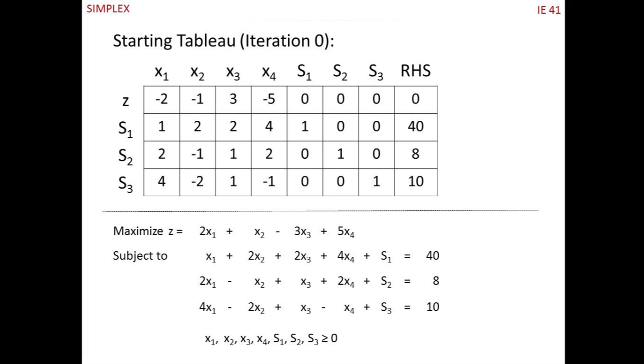Each row is filled out by entering the corresponding coefficient of each column's label. For the RHS column, we enter the right-hand side values corresponding to the constraint that the row represents. Note that for the objective function row of the initial tableau, each entry is the additive inverse of the corresponding coefficient in the objective function, and the RHS column entry is 0.